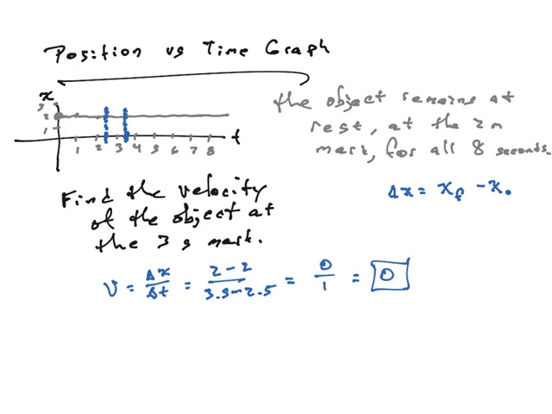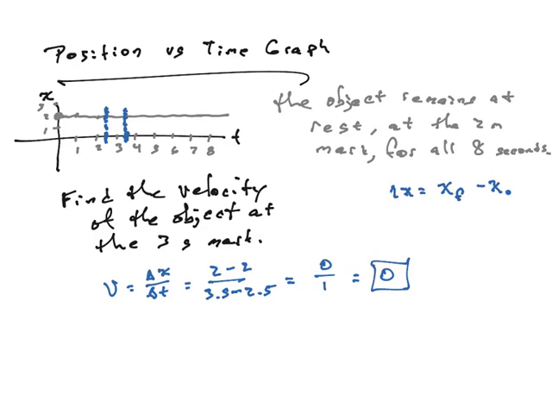So that tells me that at the 3-second mark, how fast was my object moving? 0 meters per second. And of course that makes sense if we think about it logically. Our intuition says, well, if the object didn't move the whole time, then it must have had a velocity of 0. Because if it had a velocity, then surely it would have moved at some point.